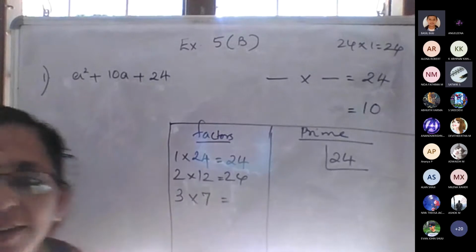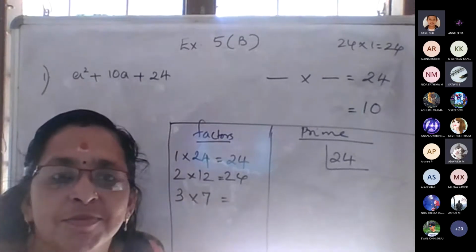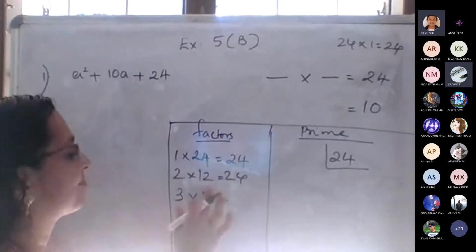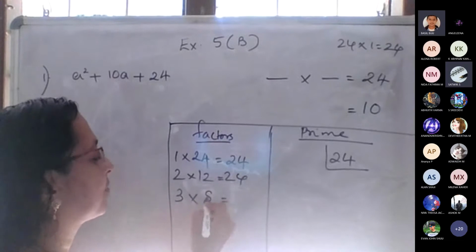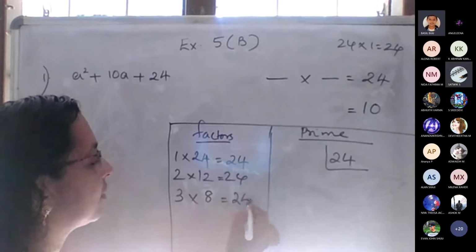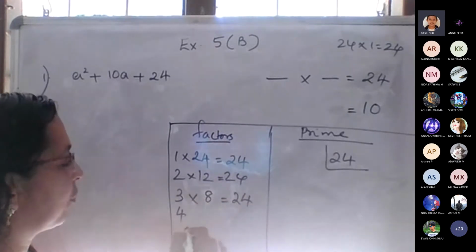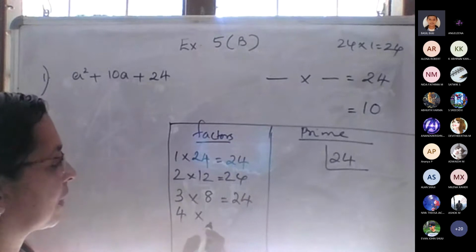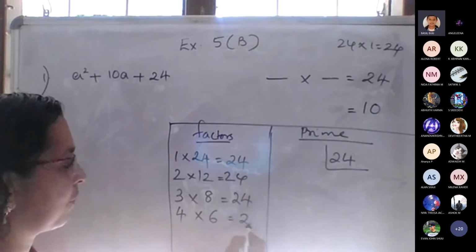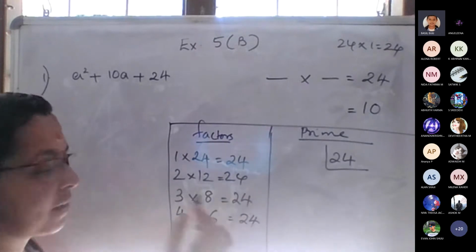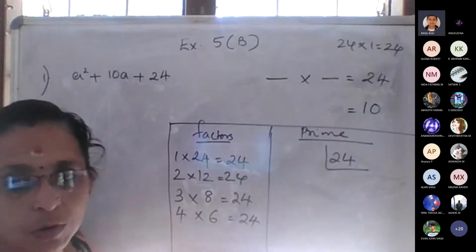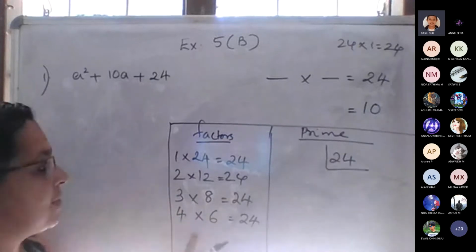Who told that? 3 into 8 is 24, 3 eights are 24. Then 4 into 6 is 24. 5 is not possible. Then 6, so 6 we already wrote. So stop there.